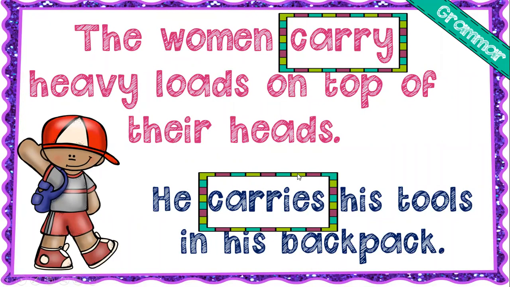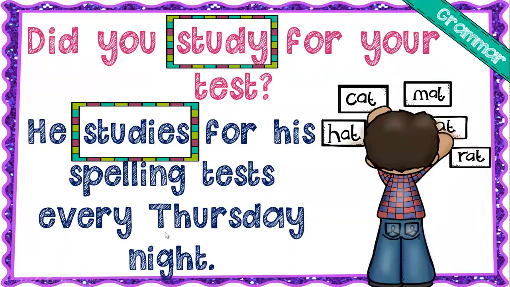The women carry heavy loads on top of their heads. He carries. So drop the Y and add IES because it's a consonant. Did you study for the test? He studies for his spelling test every Thursday night.